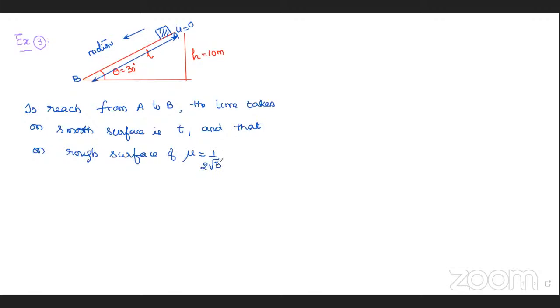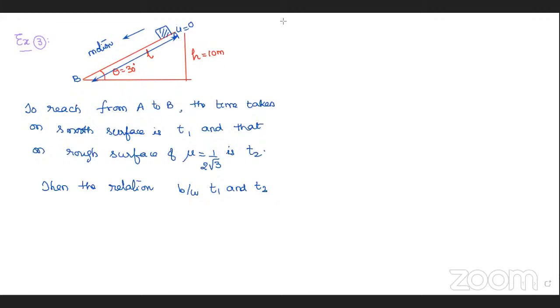Better I take 1 by 2 root 3. This is the value, Nana. Mu, rough surface. On rough surface is T2. Then the relation between T1 and T2 is, this is the question. Right? Here, how to solve?